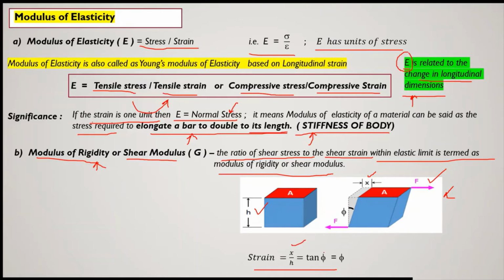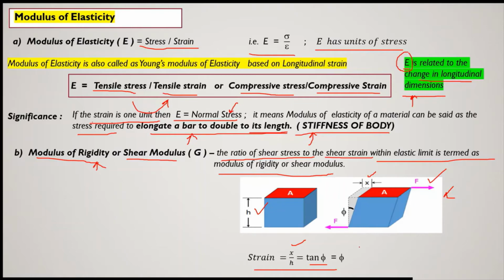From geometry you will be able to understand that it gives us the value of tan theta. That means tan theta will be x by h. But since the materials which we will be using have good rigidity, on the application of force this angle value will be very small.